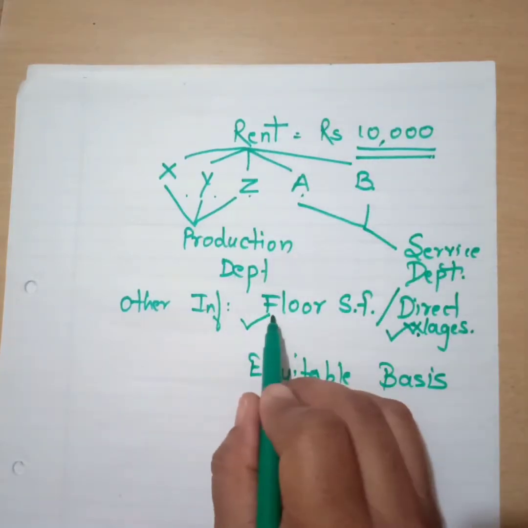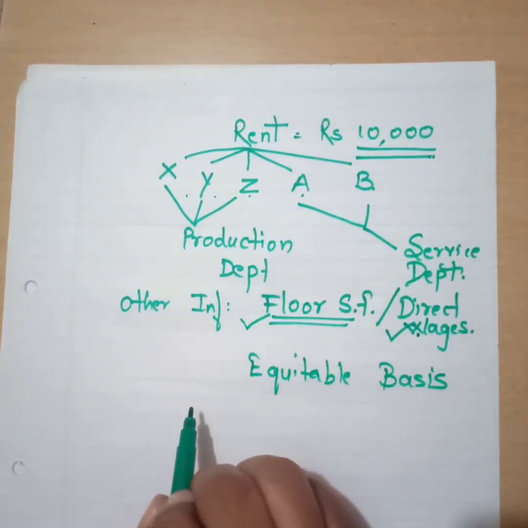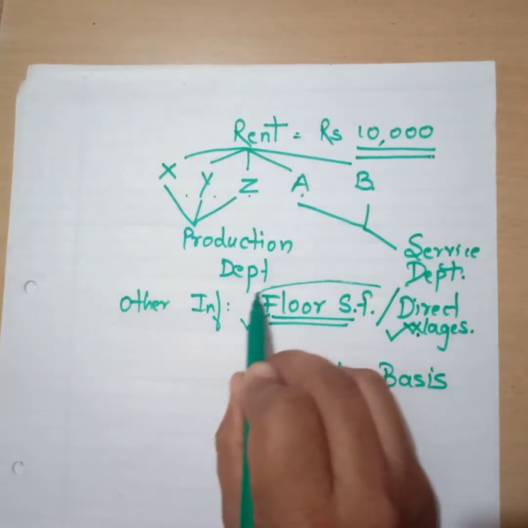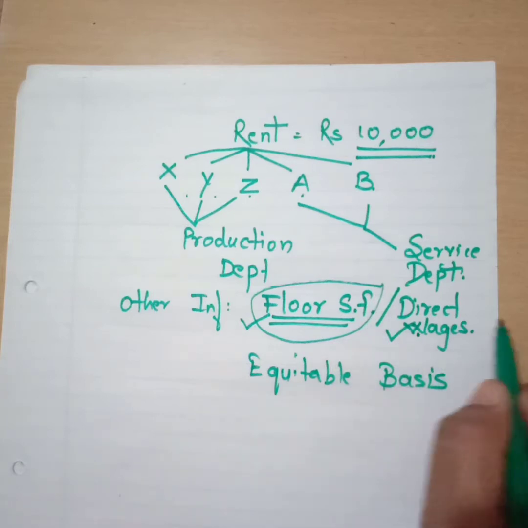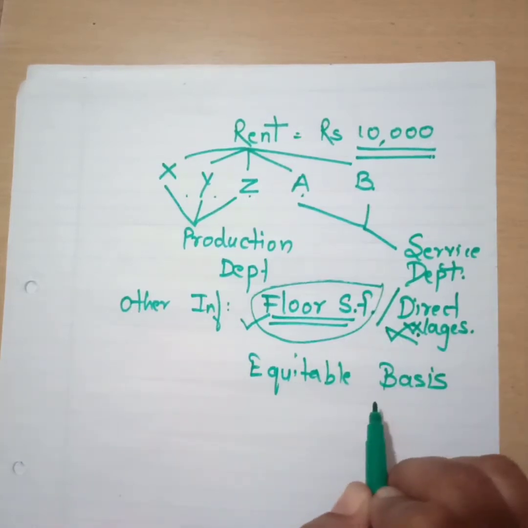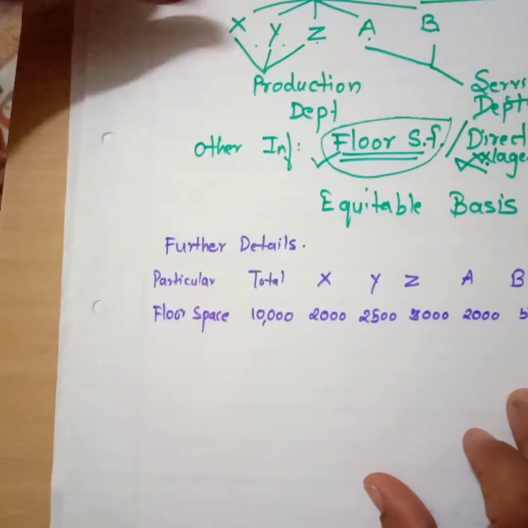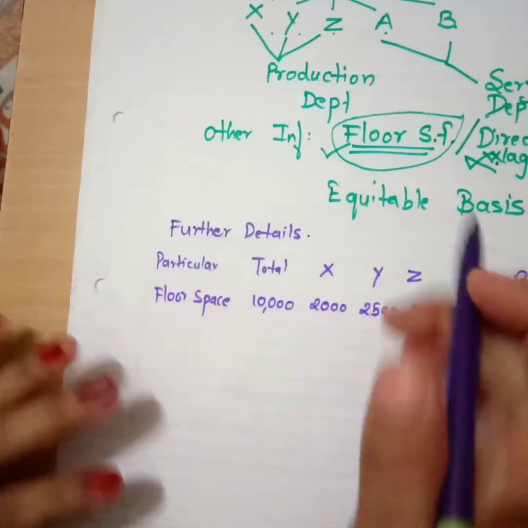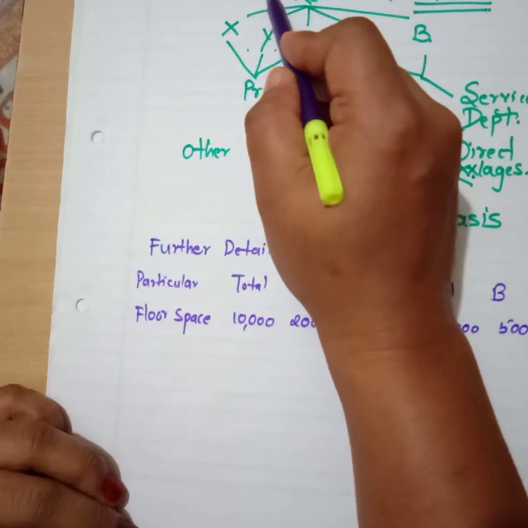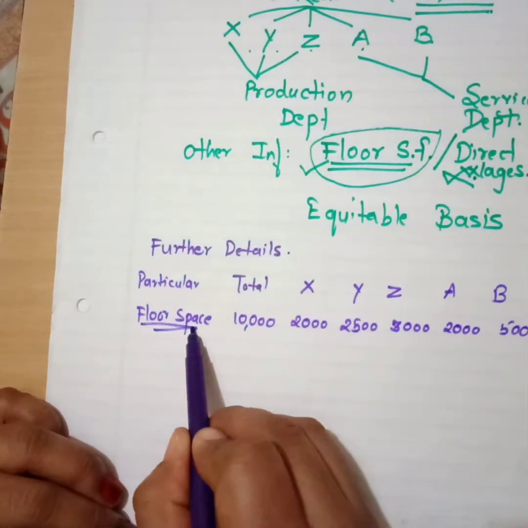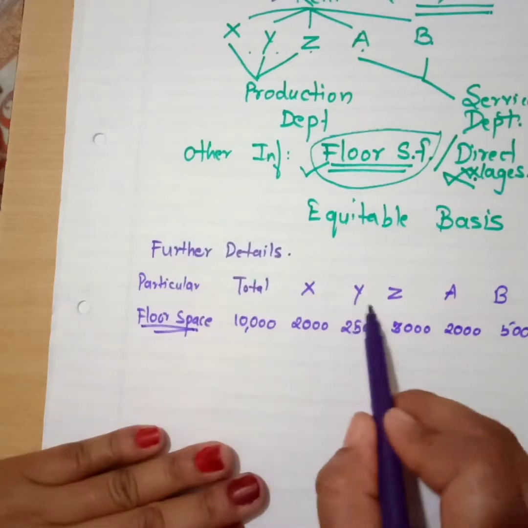Rent depends upon floor square feet. So we have to distribute this rent according to floor space, not according to direct wages. Is it clear?